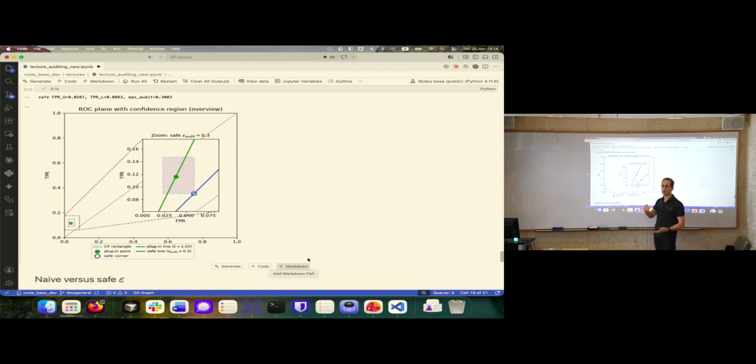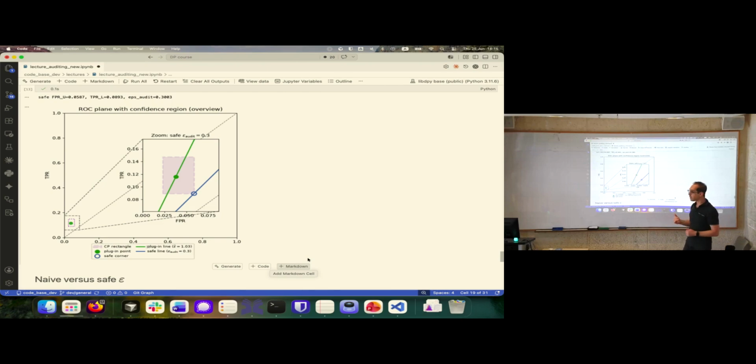I say I want to do this accounting such that I will not blame a mechanism for not being sufficiently private with probability greater than 95% or 99%. The error rate that is small enough. Okay, so I got this point, and now I know that with high probability, the true point on the ROC is somewhere within this range.